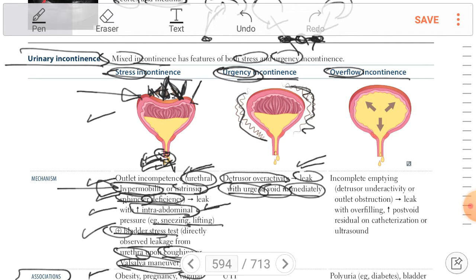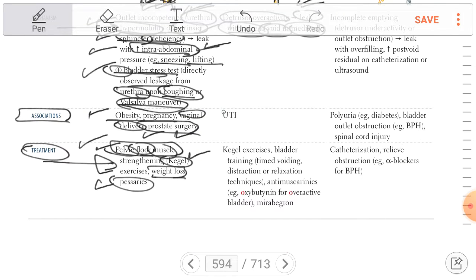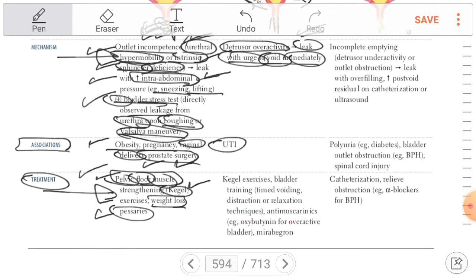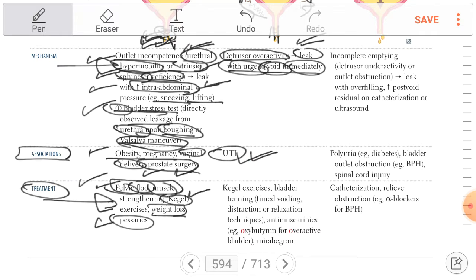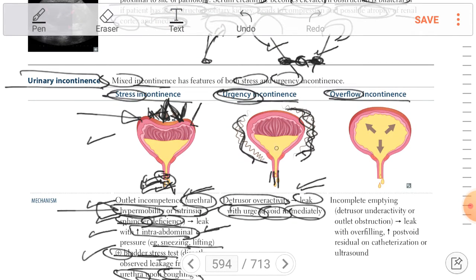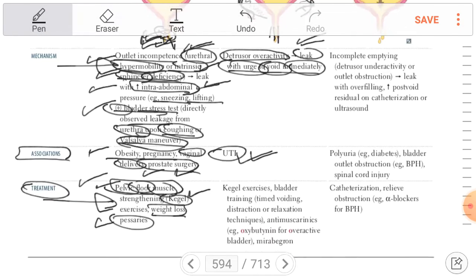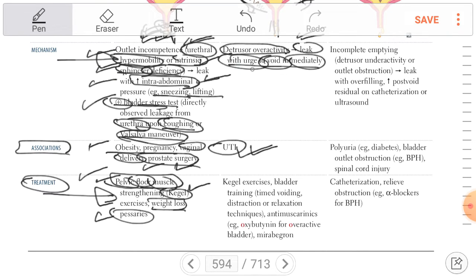Why? Because there is detrusor overactivity, leading to dribbling of urine. So in case of UTI, leading to what? Detrusor hyperactivity, overactivity, leading to loss of urine, leakage of urine, with urge to void immediately.